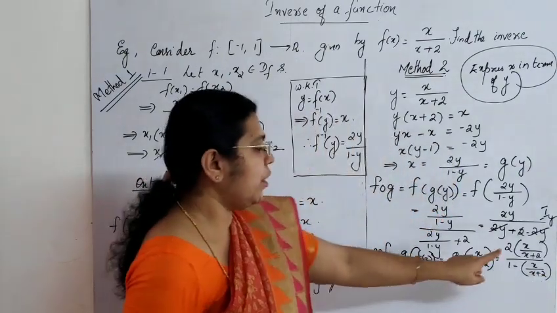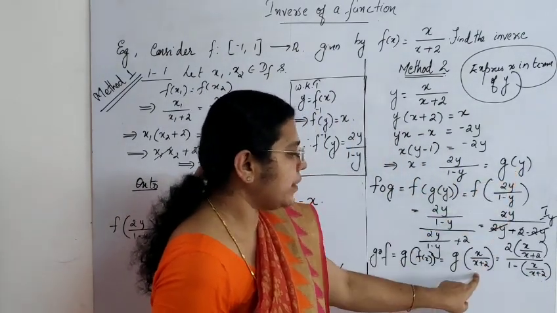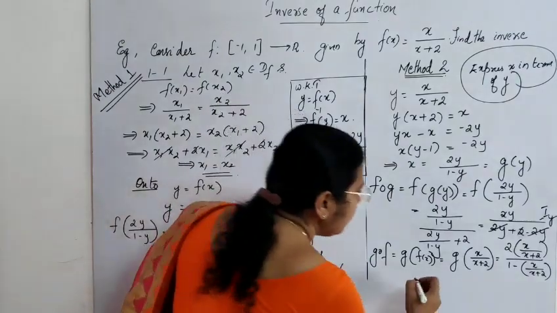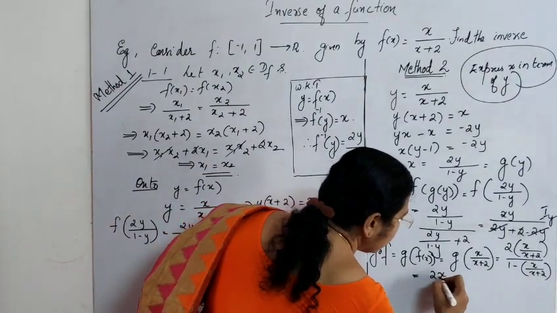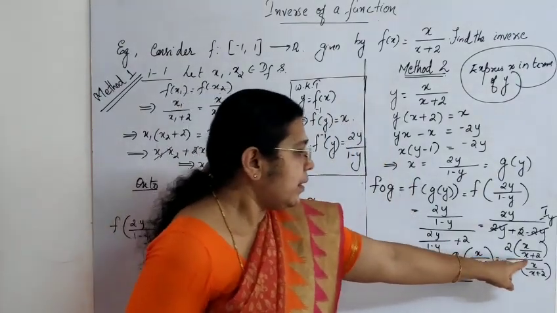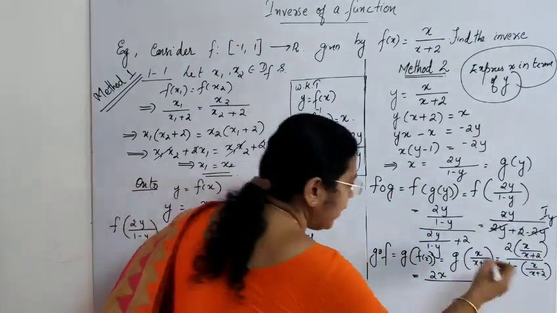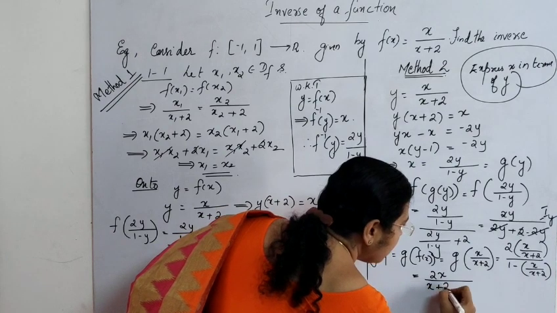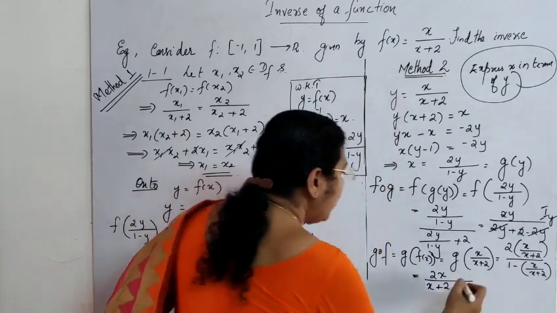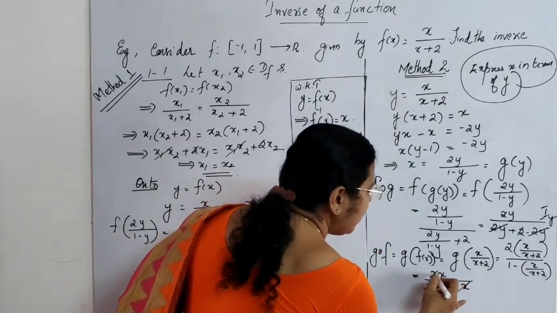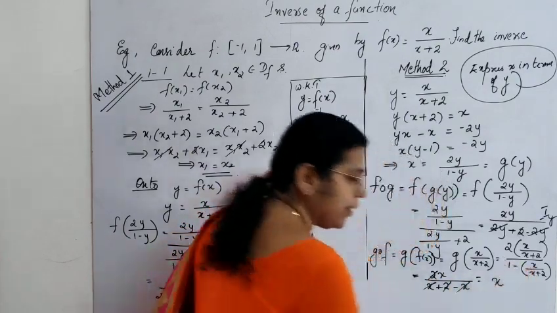That is g of this. In the place of y, I have just replaced it with this function. So this gives me 2x divided by, this cancels off, the denominator becoming the same as I have discussed earlier. When I cross multiply, x plus 2 minus x. Now x and minus x cancel, further 2 and 2 cancel, and I get the value as x.